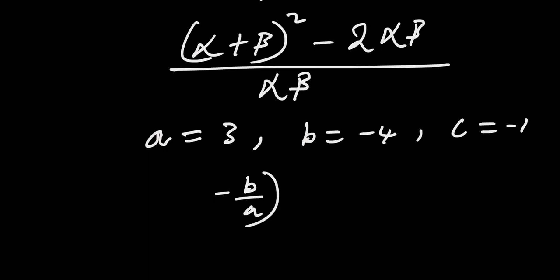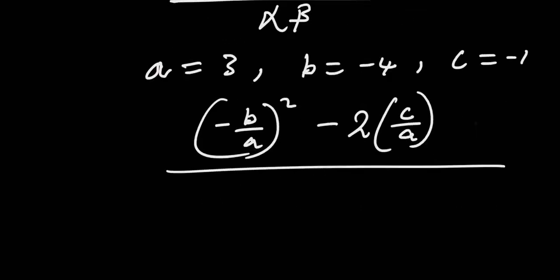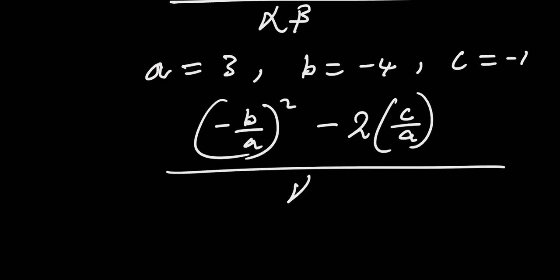So we can simply square this, minus 2 times the product of alpha and beta, which is c over a, over alpha and beta. The product is still c over a. Now we can simply plug in the values.